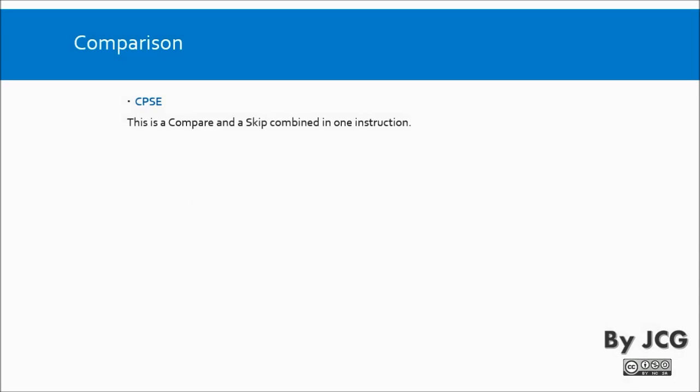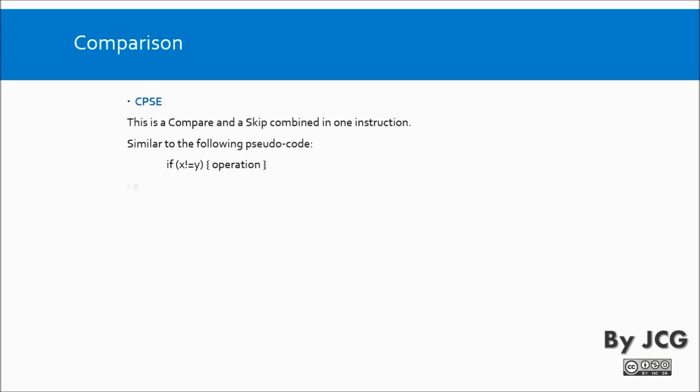And this is the final compare mnemonic, which is compare and skip if equal. This is a comparison and a skip combined in one instruction. This is very similar to the following pseudocode: if x is different than y, then perform an operation. This is tricky. Be careful, because the mnemonic says compare and skip if equal.